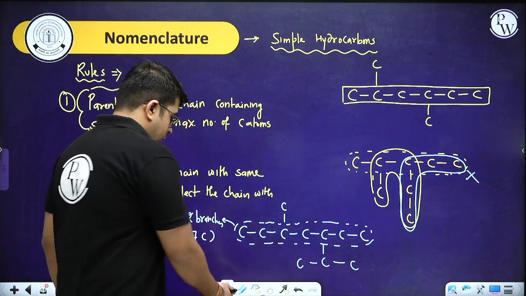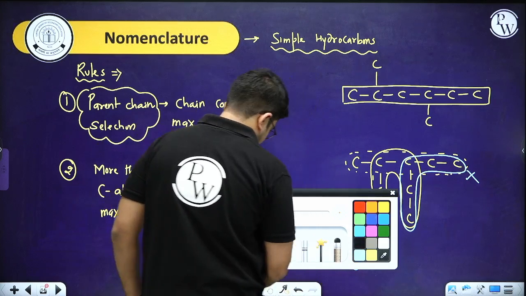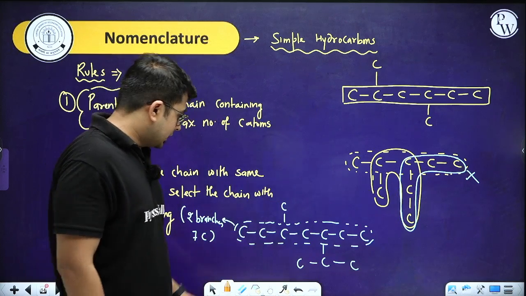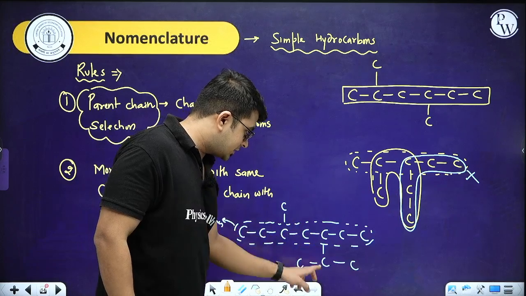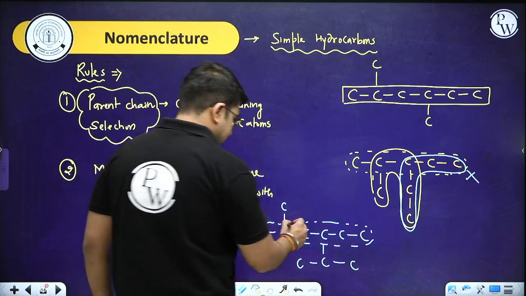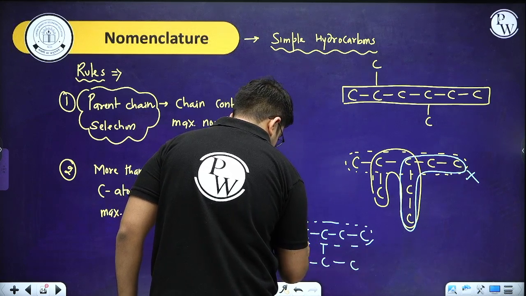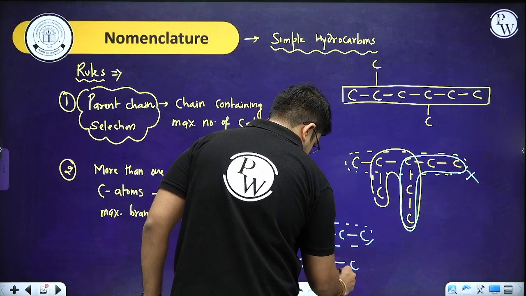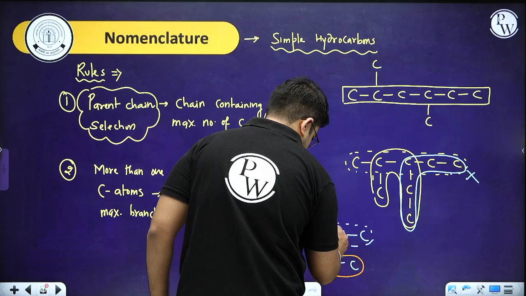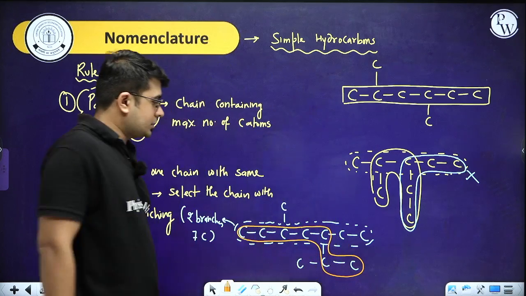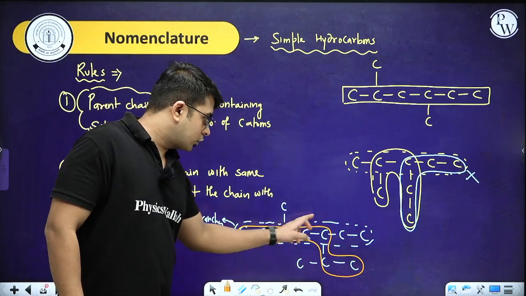Definitely. Now there might be a chance that we have another possibility, that I can say 1, 2, 3, 4, 5, 6, 7. One more part is there, like this, 1, 2, 3, 4, 5, 6, 7.